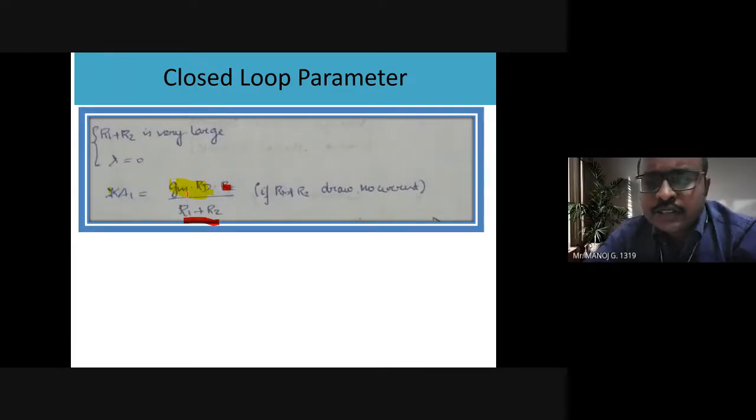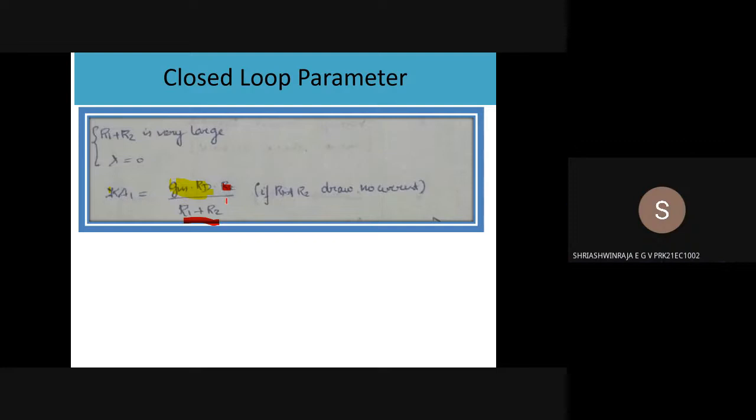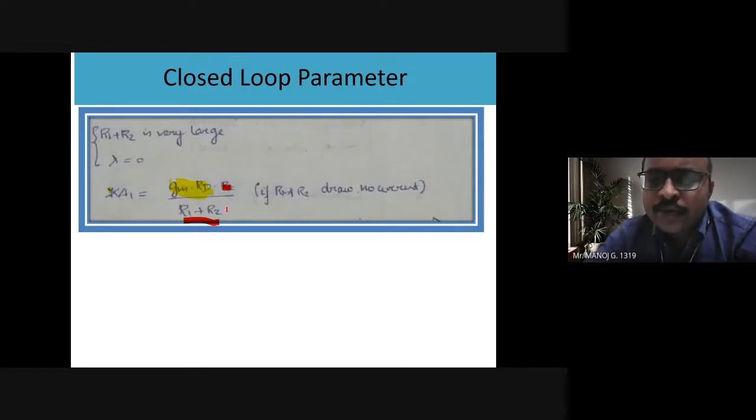A is GM into RT. Is that fine? Now, can you calculate the closed loop gain and tell me? All of you. I've given you what is K into A. You have to evaluate the closed loop gain for this particular circuit.